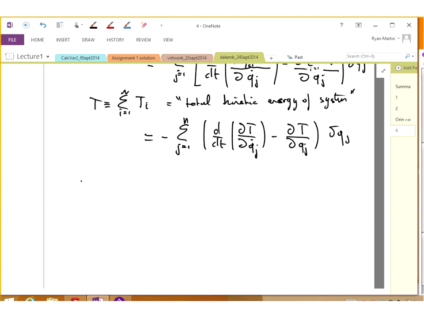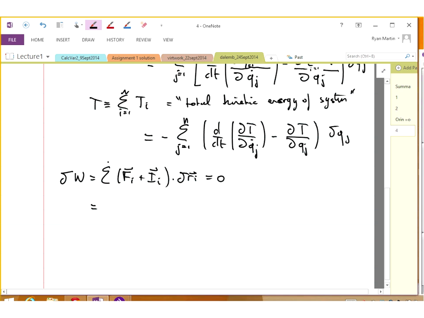So our total virtual work, remember it had two terms, delta W was equal to the sum of the Fi plus the inertial forces dotted with delta ri. And that's got to equal 0.